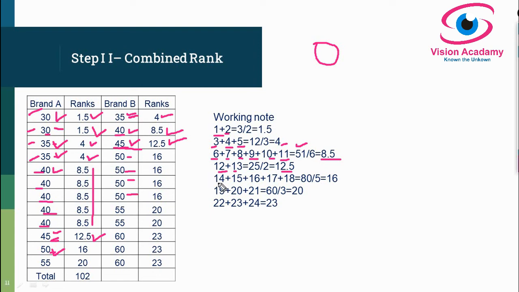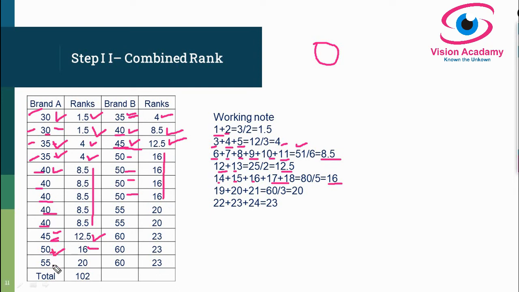So add all together 14, 15, 16, 17, 18. When I added all together, I got 80. Since I added 5 observations, I will divide that added value by 5 observations only. So I got 16. So 16 here, and 16 for the 4 observations in brand B.